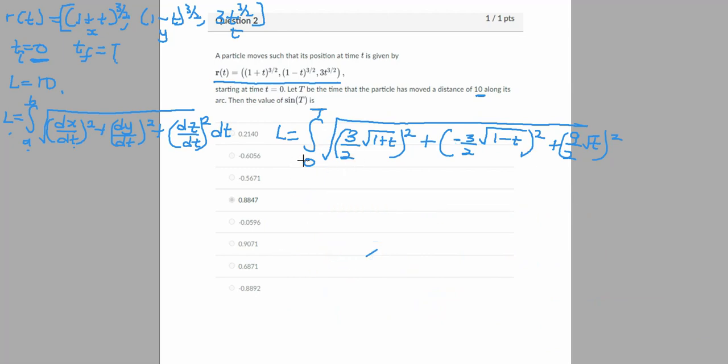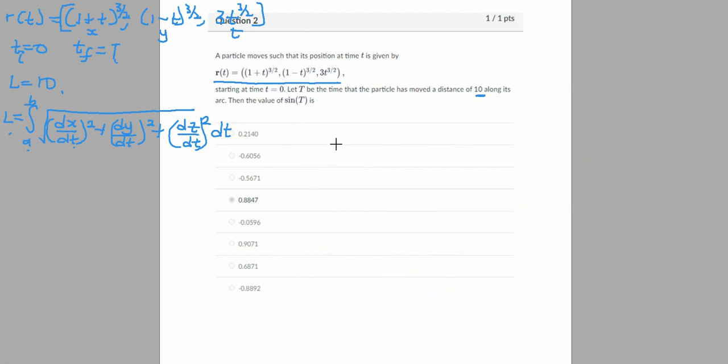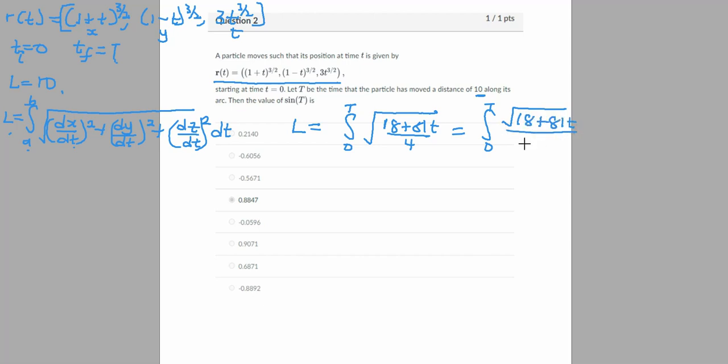So we got our L, after analyzing all of this, to be equal to the integral from 0 to t of root of 18 plus 81t over 4. We can rearrange this to be the integral from 0 to t of the root of 18 plus 81t divided by the root of 4, which is 2, dt.